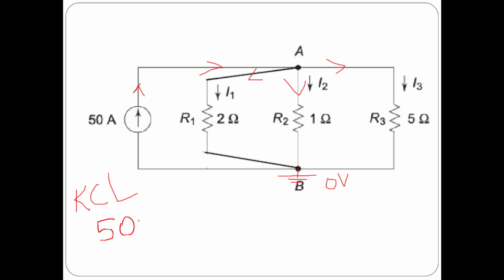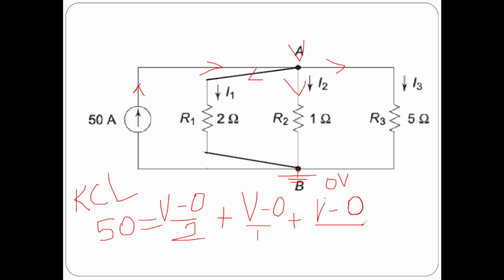So, I am assuming the node voltage as V volts at node A. Therefore, the current I1 is given by (V minus 0) by 2, plus current I2 is given by (V minus 0) by 1, plus current I3 is given by (V minus 0) by 5.